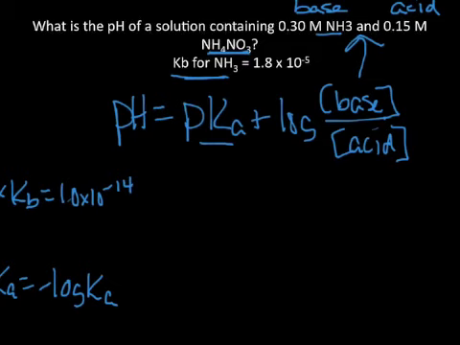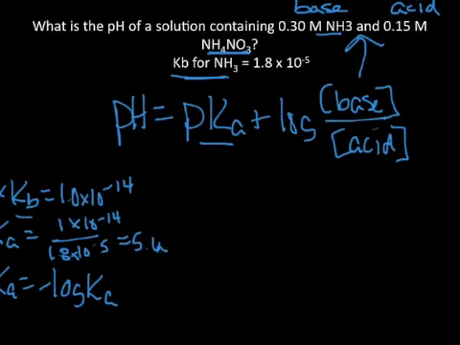So Ka equals 1 times 10 to the negative 14th divided by my Kb, which was given up here, 1.8 times 10 to the negative 5th. That gives me a Ka value of 5.6 times 10 to the negative 10th. If I plug that in down here, I end up with a pKa value of 9.25.